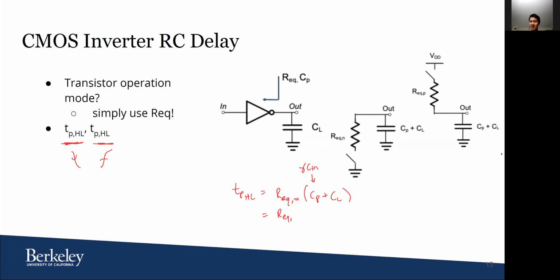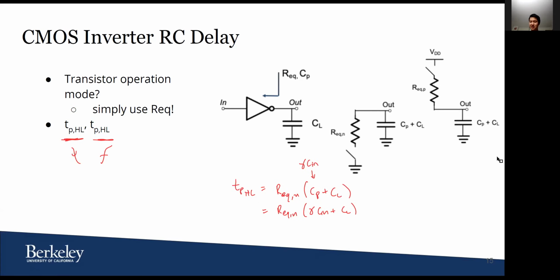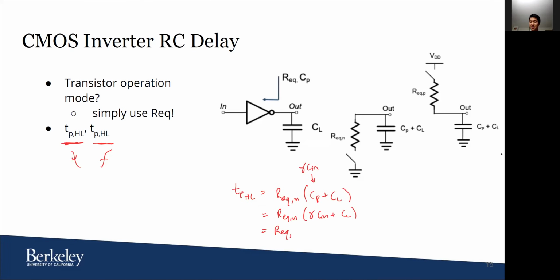So it's gamma C in plus C L. Then we can factor out the C in to get gamma plus C L over C in. This value here is defined as the fan out, which is very important when you chain logic gates together, and that's defined as F. So what you'll see a lot is R equivalent C in times gamma plus F.